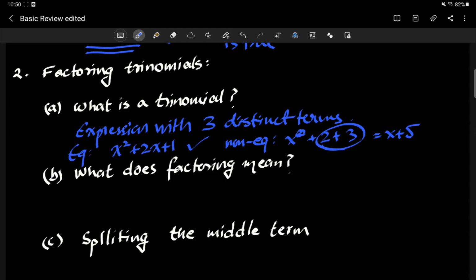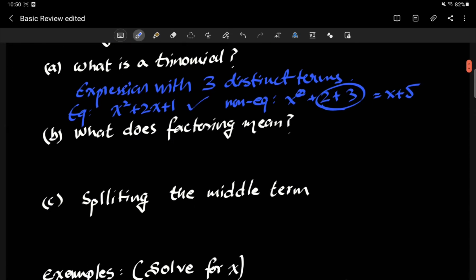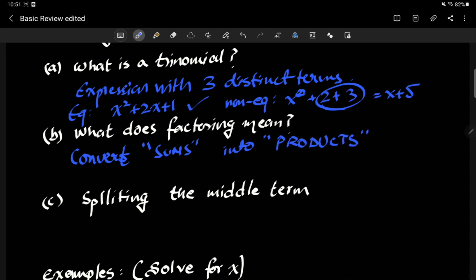Now in your previous classes, you've learned something called factoring, and the basic idea behind, or the purpose behind factoring, is to convert sums into products. Why is that important? If I tell you that there are two numbers a plus b and they add up to 0, what information does that give me about a and b?